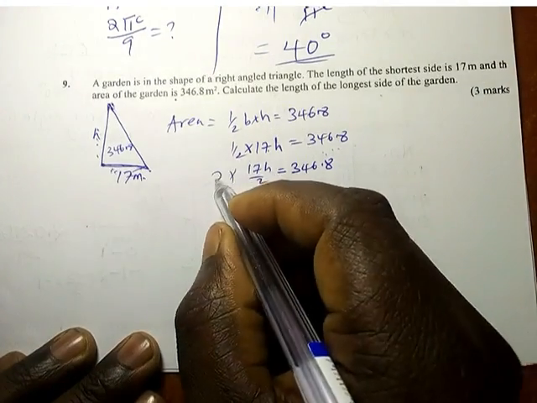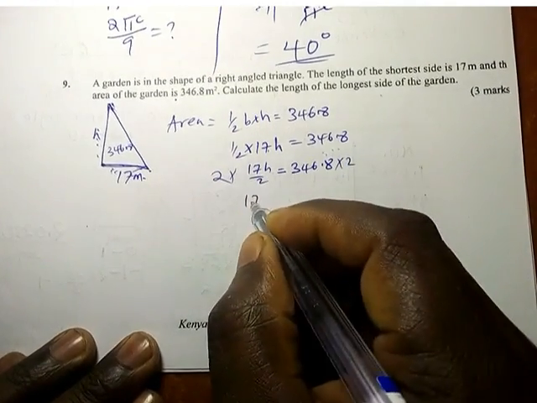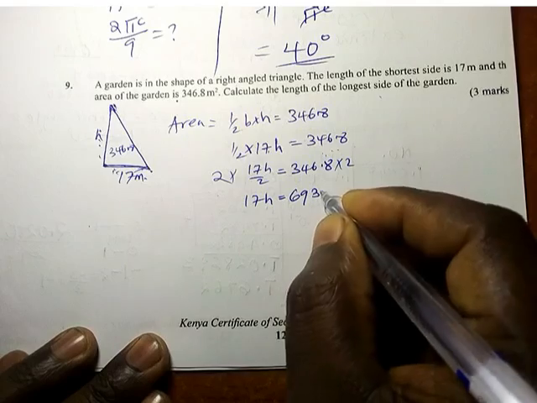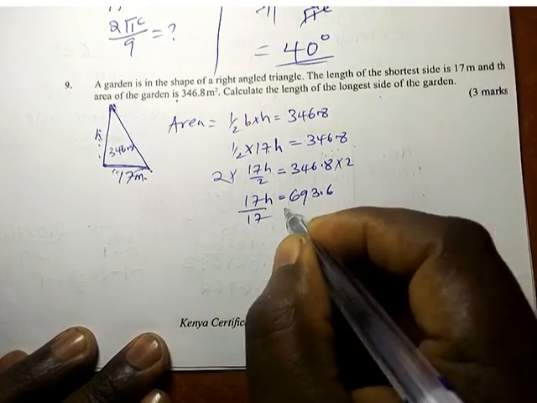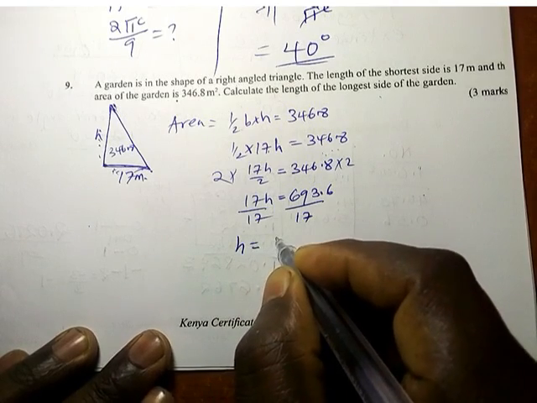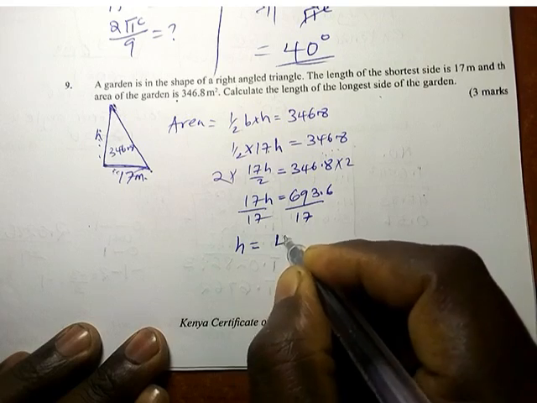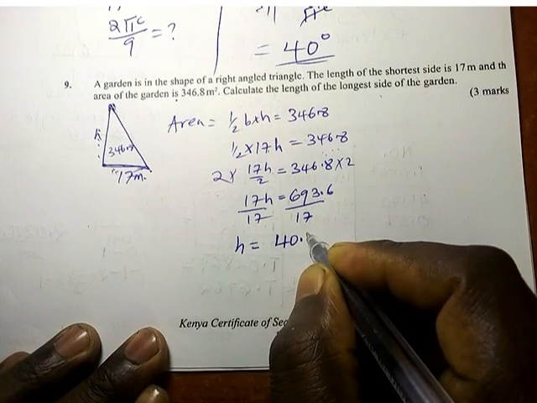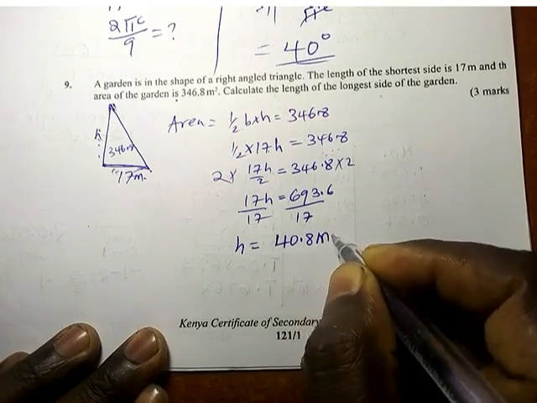We times 2 here, times 2 there. So 17h is equal to 693.6 divided by 17, and h equals 40.8 meters.